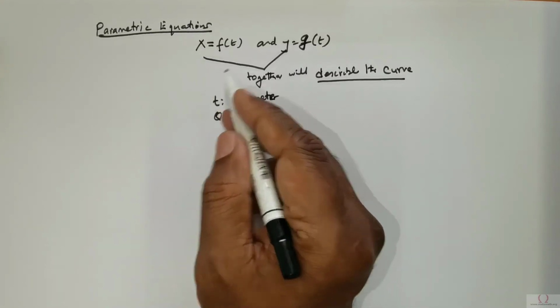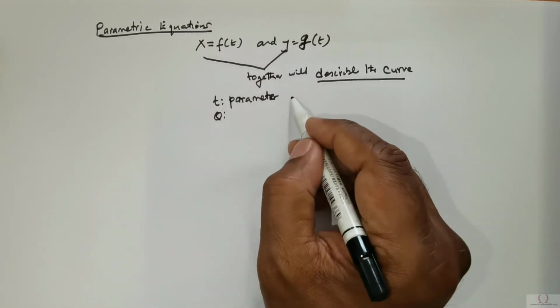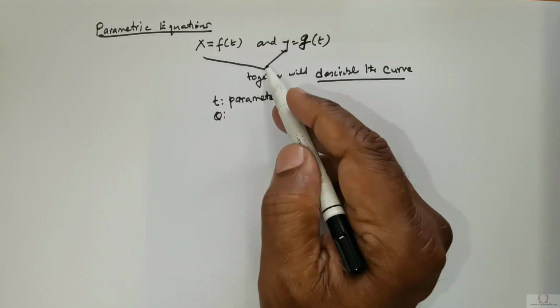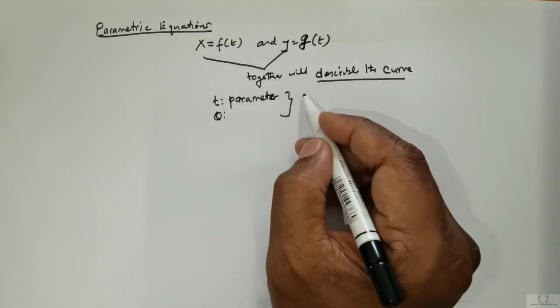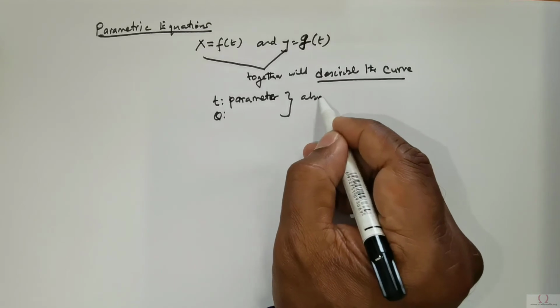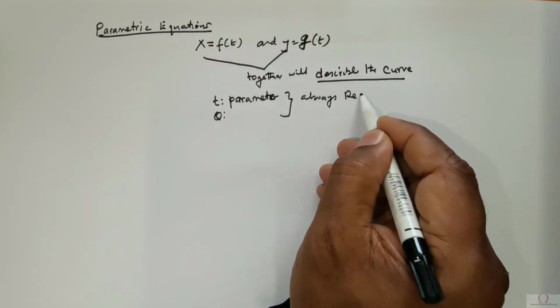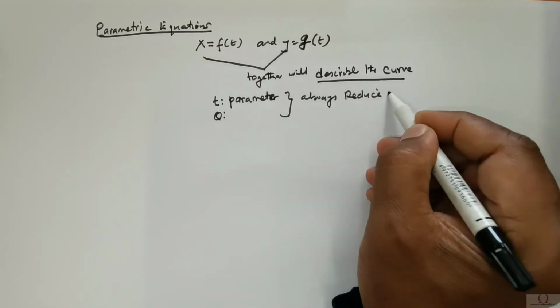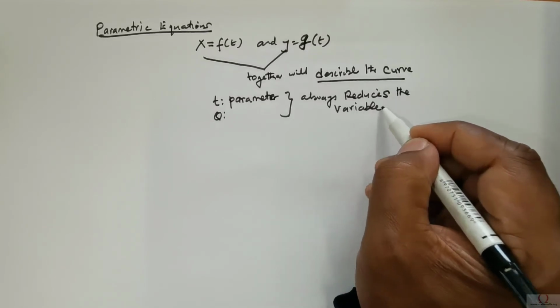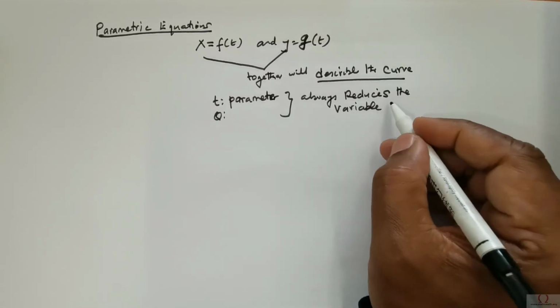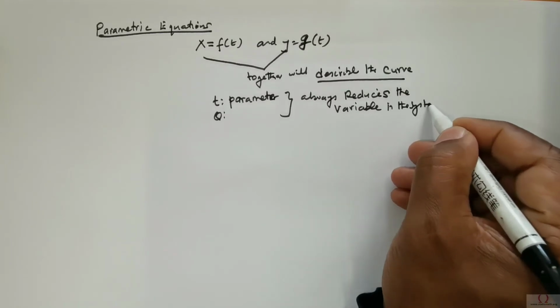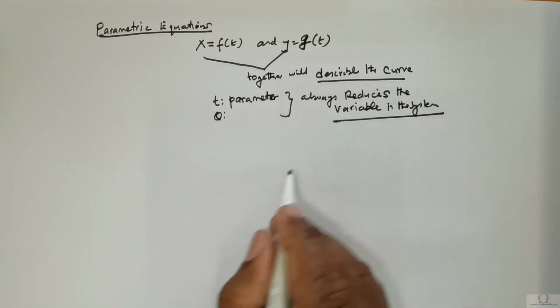Now, having given this, you have to understand that a parametric equation always reduces the variable in question. One particular important aspect in the system. So they will always reduce the variable in the system.